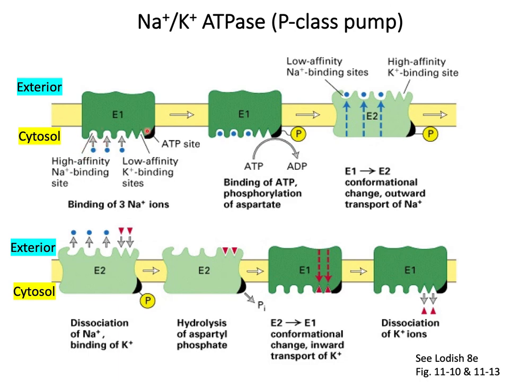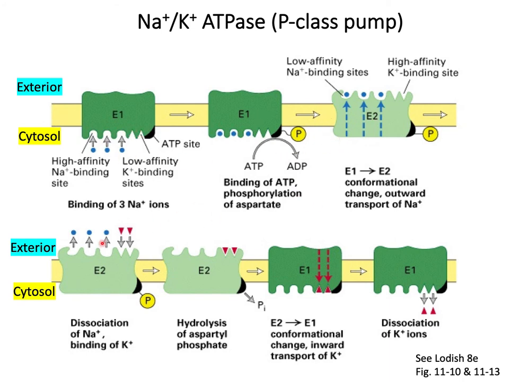When this happens, the ATP hydrolysis event occurs, and one of the aspartates right here is phosphorylated on the transporter itself. Once this aspartate is phosphorylated, it changes conformation and goes into an E2 conformation.